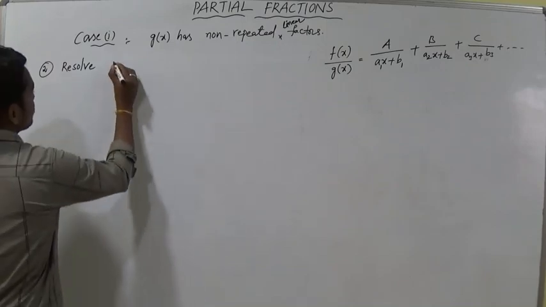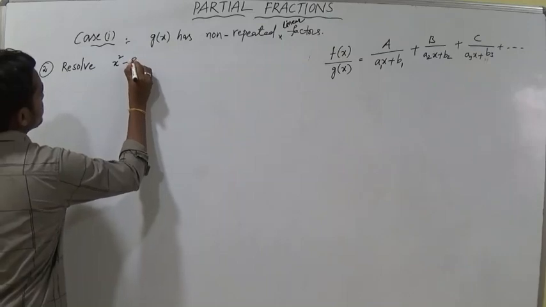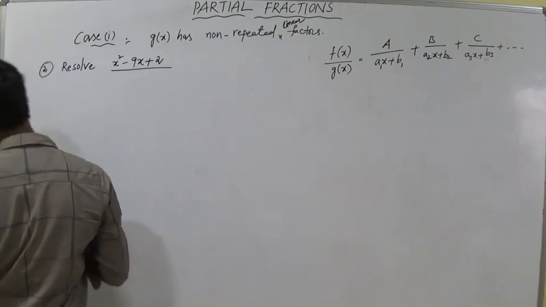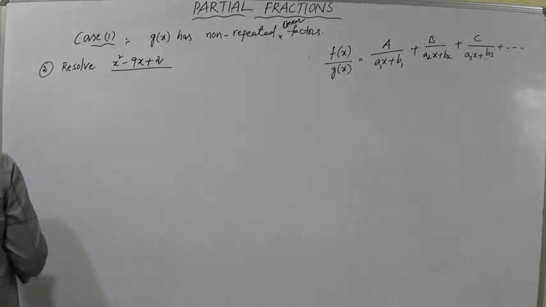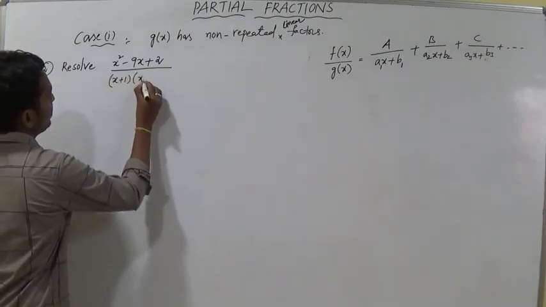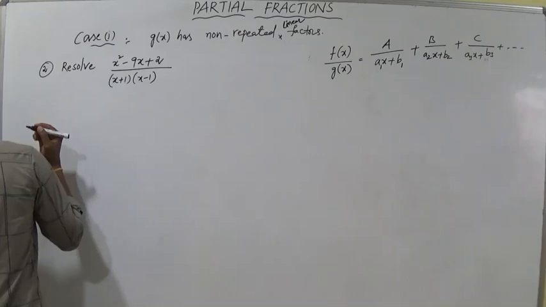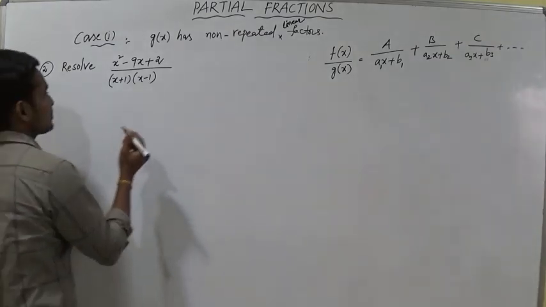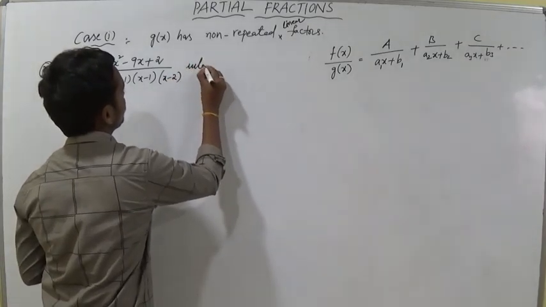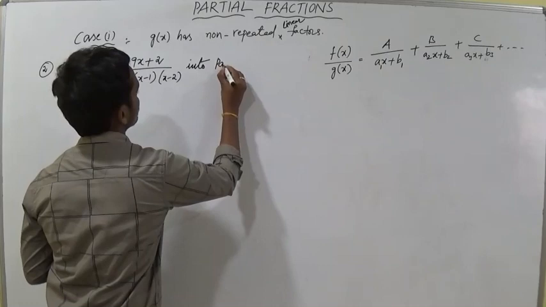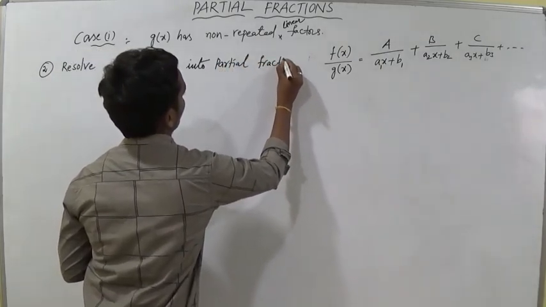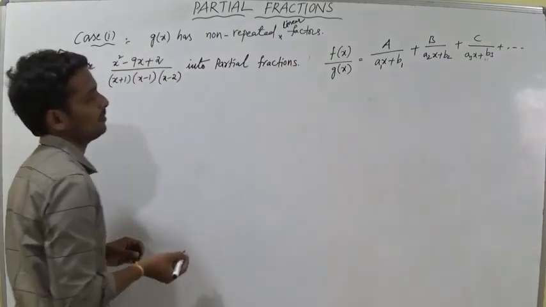What is it? x square minus 9x plus 2 by x plus 1 into x minus 1 into x minus 2, resolve into partial fractions. This is the problem. This is the formula.